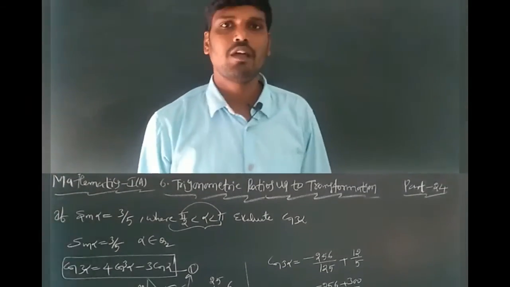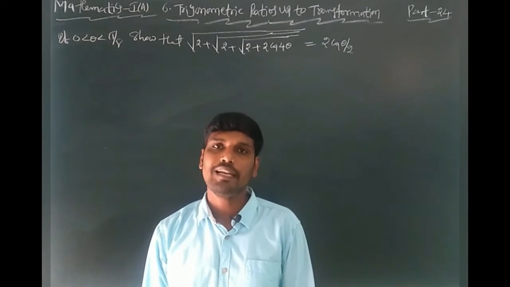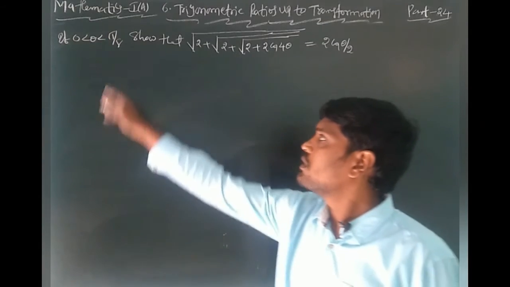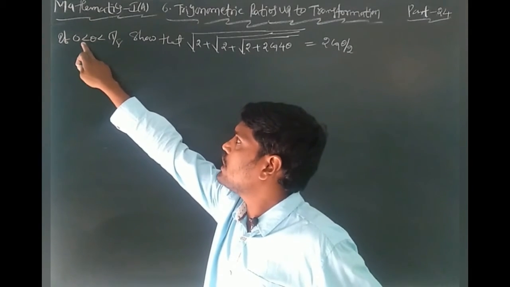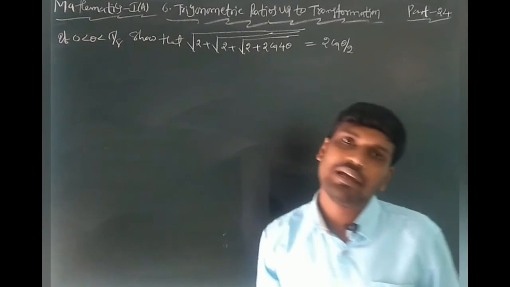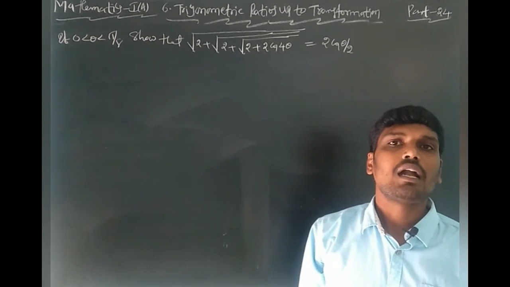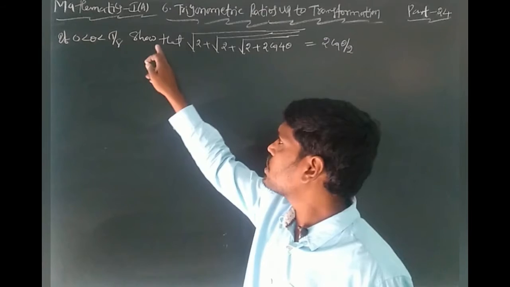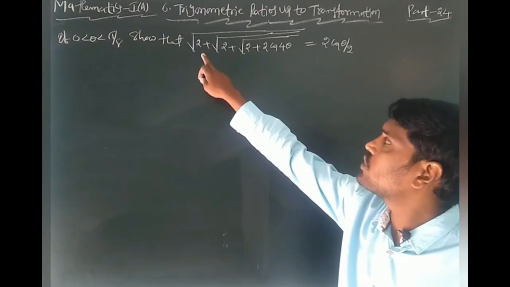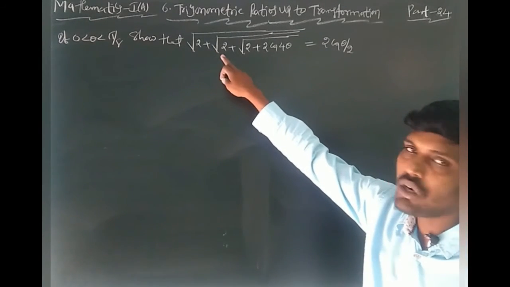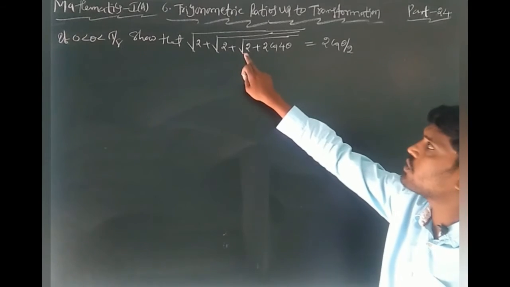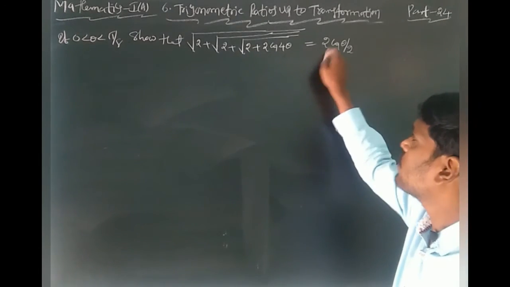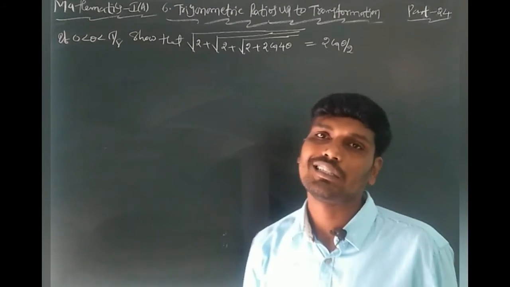Next problem, a very important and repeated problem in IB examination. What is the problem? If 0 is less than theta less than pi by 4, here theta lies between 0 and pi by 4, show that the square root of 2 plus the square root of 2 plus the square root of 2 plus 2 cos 4 theta is equal to 2 cos theta by 2.